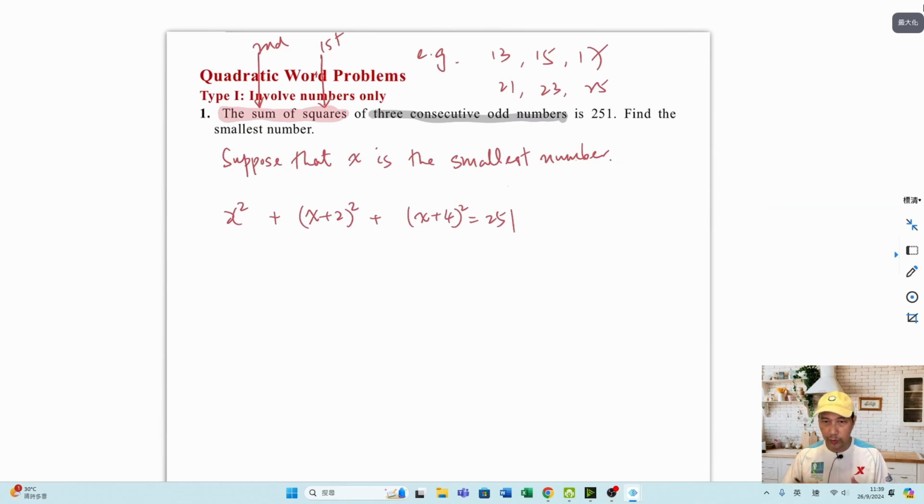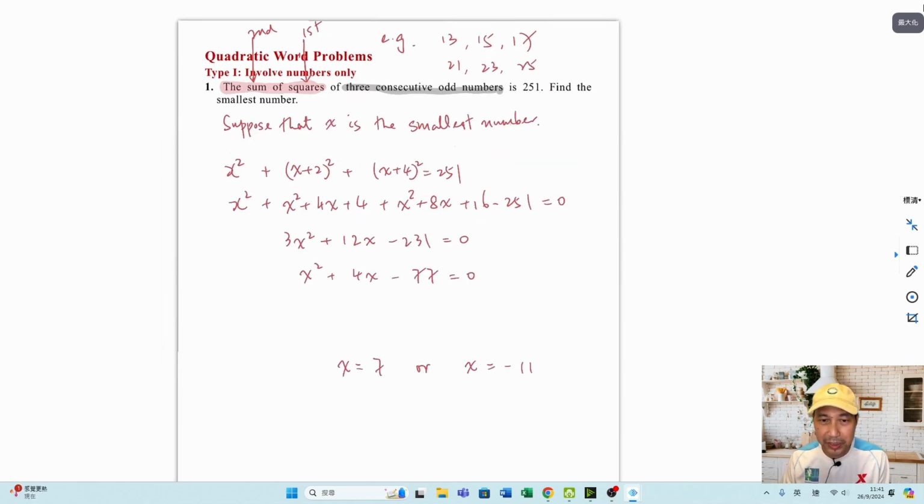We need to break the 2 brackets and move 251 to the left hand side and simplify the left hand side. Make it in the form ax squared plus bx plus c is equal to 0, and then we use the calculator to find the answer.